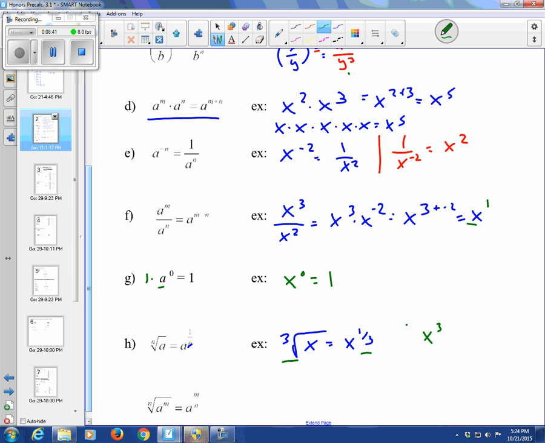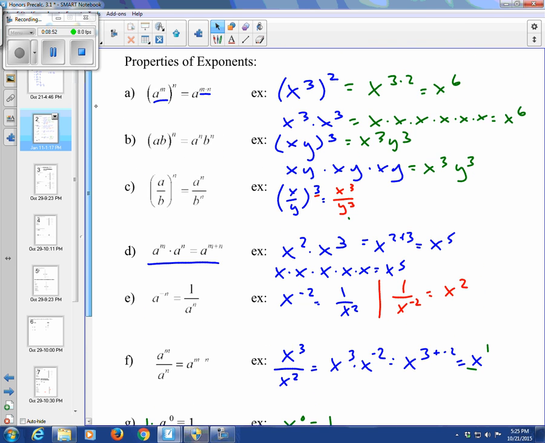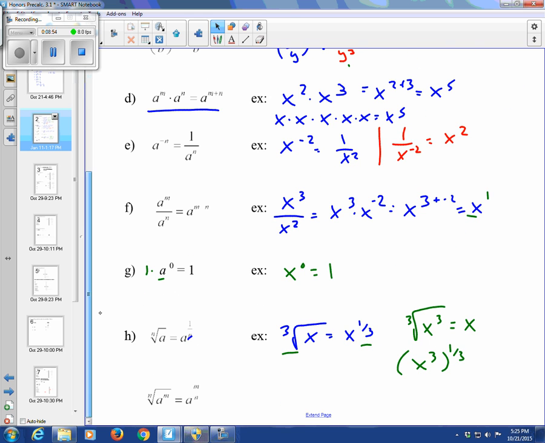So the cube root cancels out with a cube, and if we have x cubed to the 1/3 power, we can use our first property of exponents to say that we would multiply those exponents, which would give us x to the 3 over 3, and that turns into x to the 1, right?